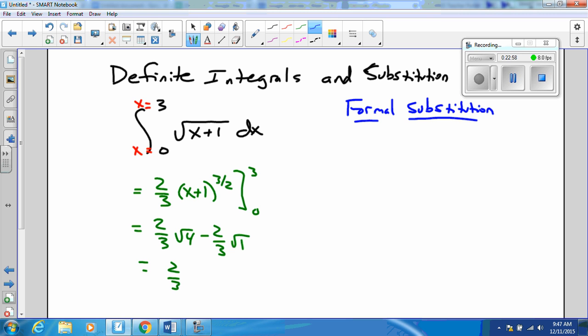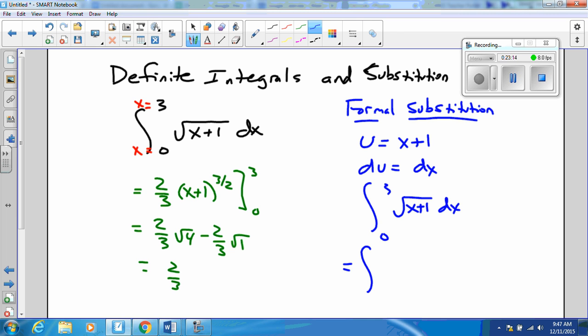But if I pull off the formal substitution, things change a little bit. If I let u equal x plus 1, so that du is equal to dx, I now go through the process of rewriting my integral in terms of u. And that process we know how to do in terms of the integrand right here.